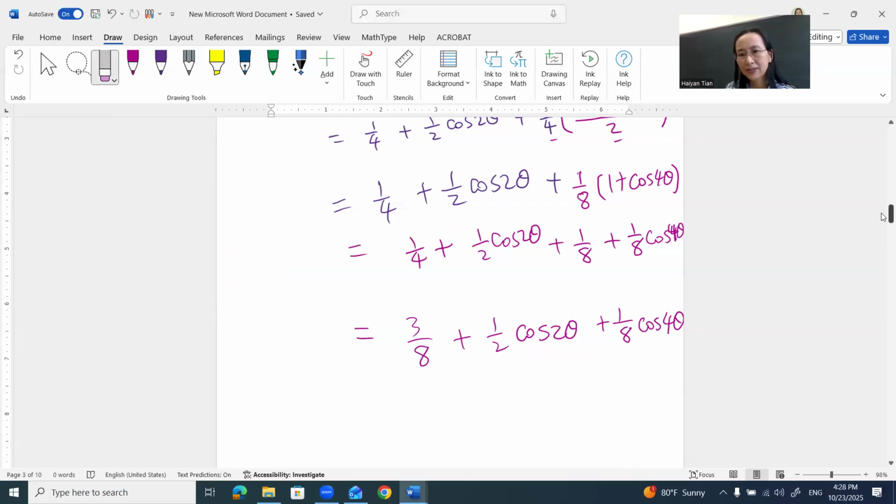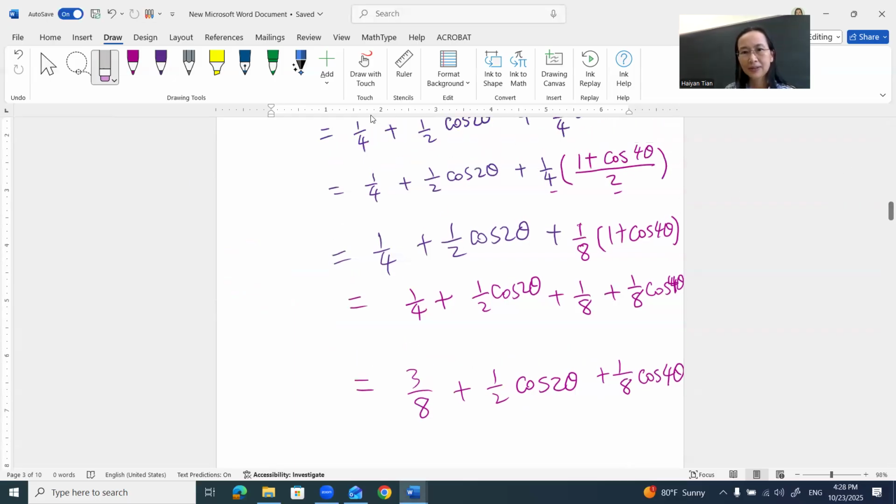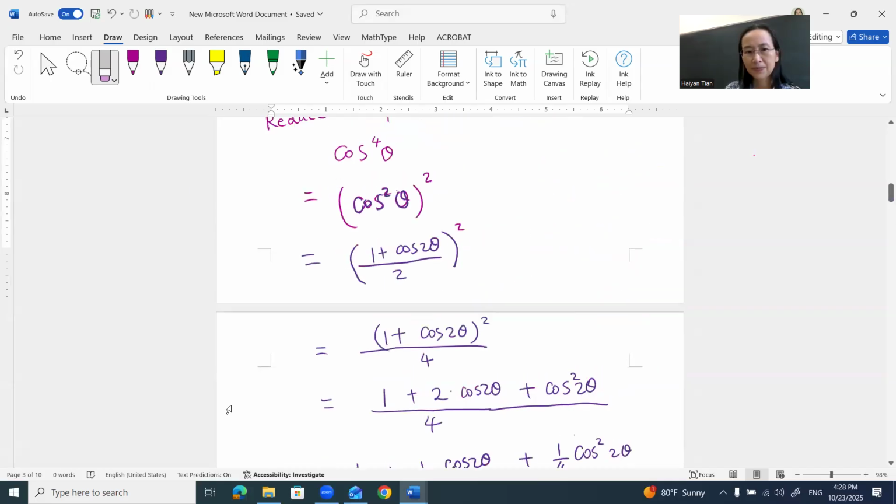Yeah, so that's something to notice. When you do the power reducing once, you see when the power is reduced, the double angle is involved here.